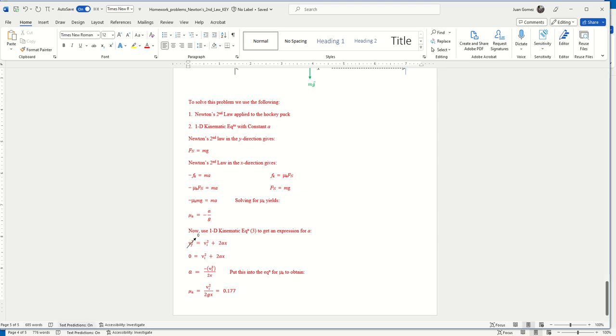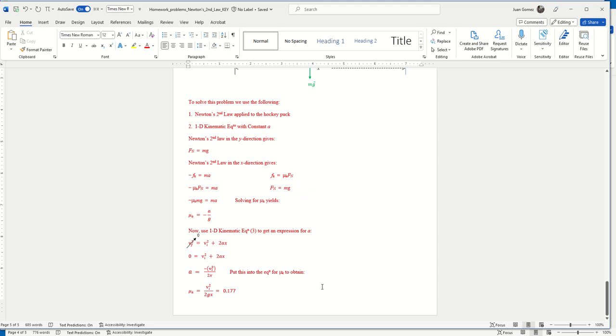But again, just to summarize, this is a very common technique where it's a combination of Newton's second law, and then you have to use one or more of the 1D kinematic equations. I'm going to go ahead and stop this video and get it posted, and we'll do another one like this involving a skier sliding down an incline, sliding down a slope.